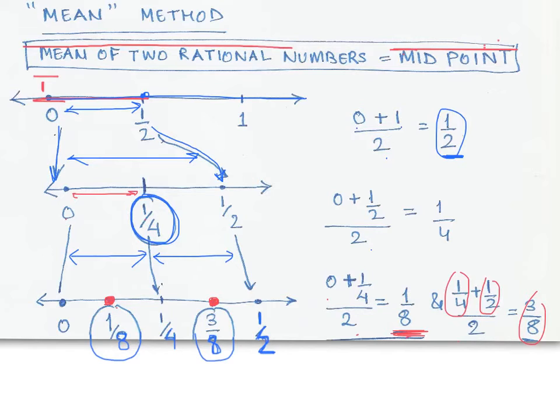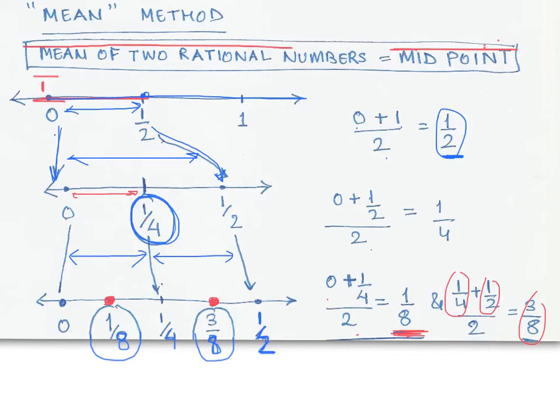In fact, you can keep on going till infinity to find out the midpoint between any two given points on a number line, and that kind of explains the mean method to find a rational number between any two given rational numbers. So essentially, given two rational numbers, just take the midpoint of those two as shown over here.